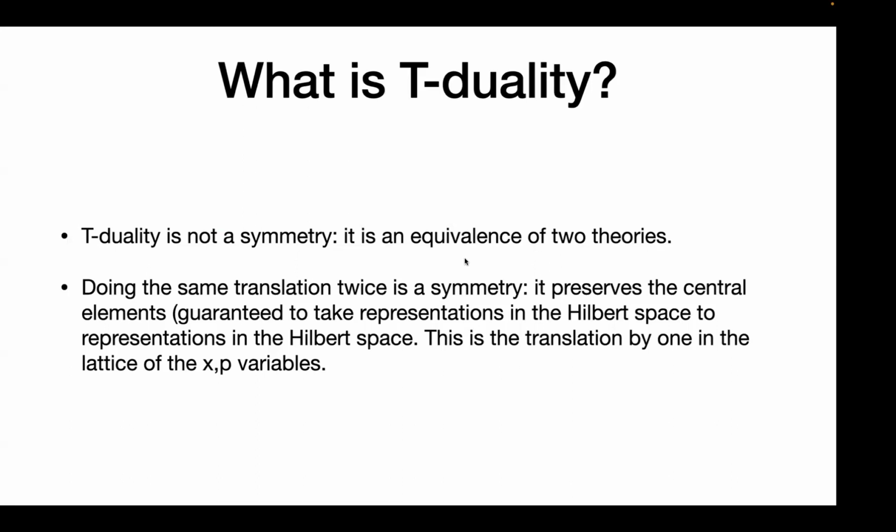But doing the same translation twice is what preserves the usual symmetry. It kind of takes you back. You do T-duality twice, you get back to the original theory. But what we're doing here is T-duality, and T-duality is not a symmetry, so why should T-duality be a symmetry? T-duality cannot really be a symmetry on its own.